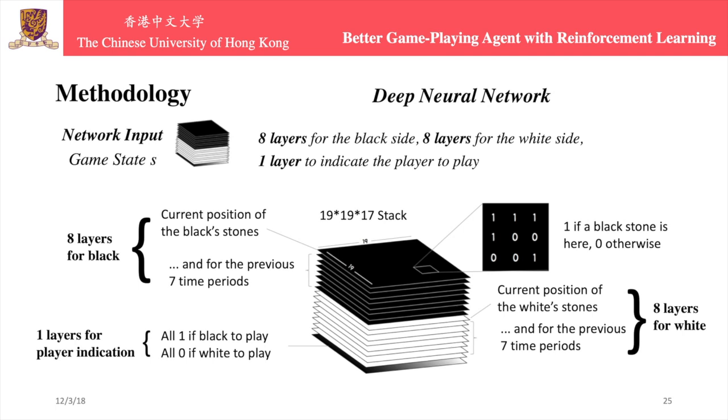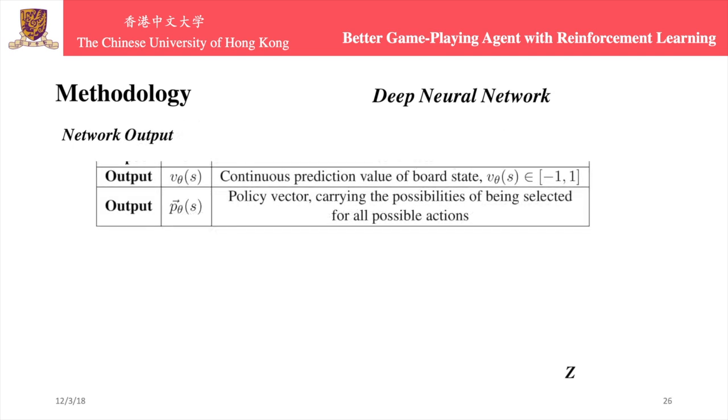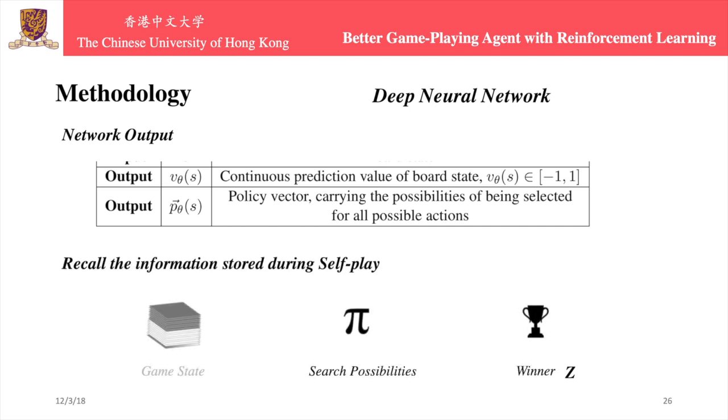Here is what we have just discussed. This is the neural network input. And for the output, recall that during self-play, for each move we store three pieces of information.